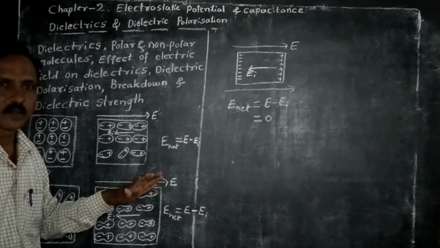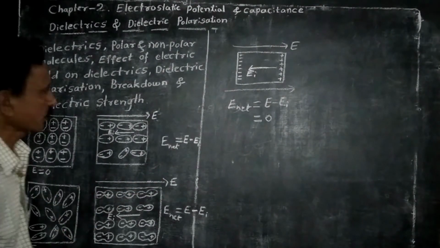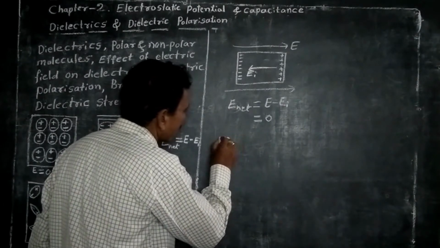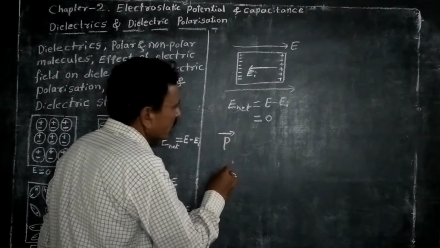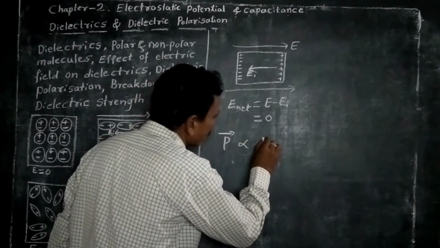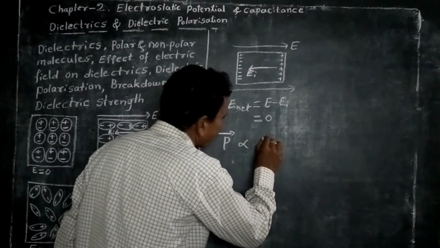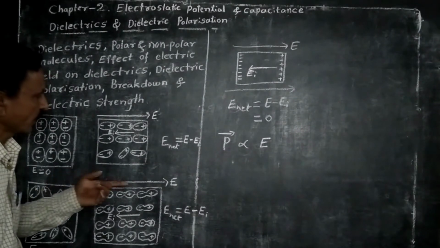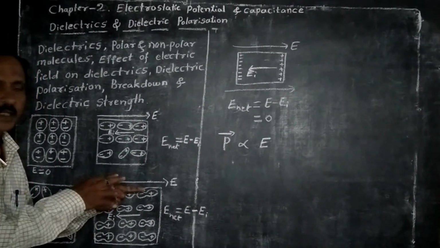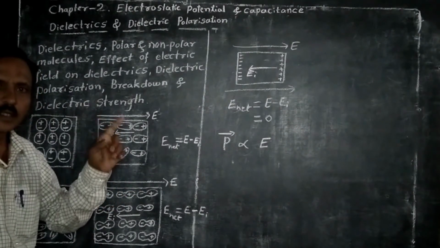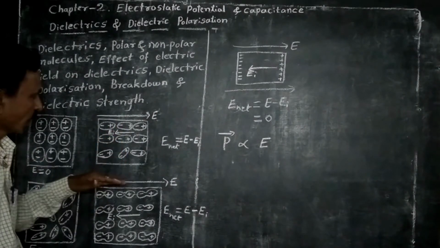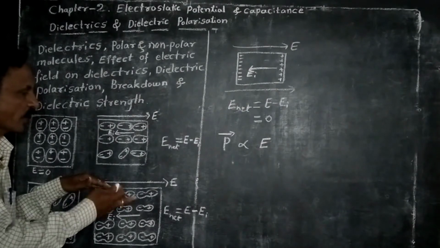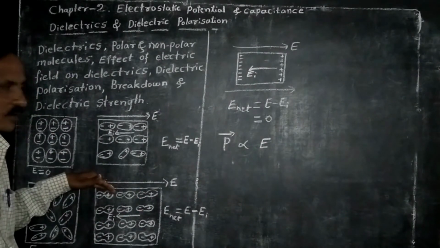And it is found that the dielectric polarization, represented by P vector, is directly proportional to the applied electric field. As the strength of the electric field increases, the degree of polarization also increases.